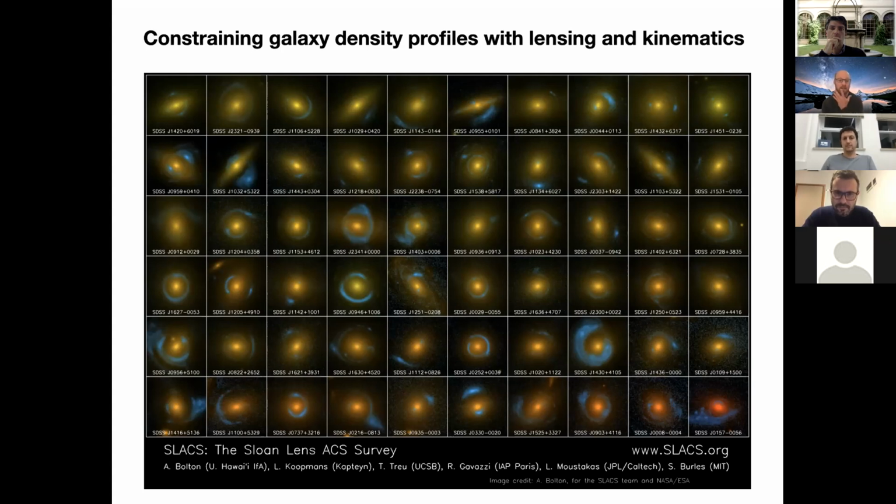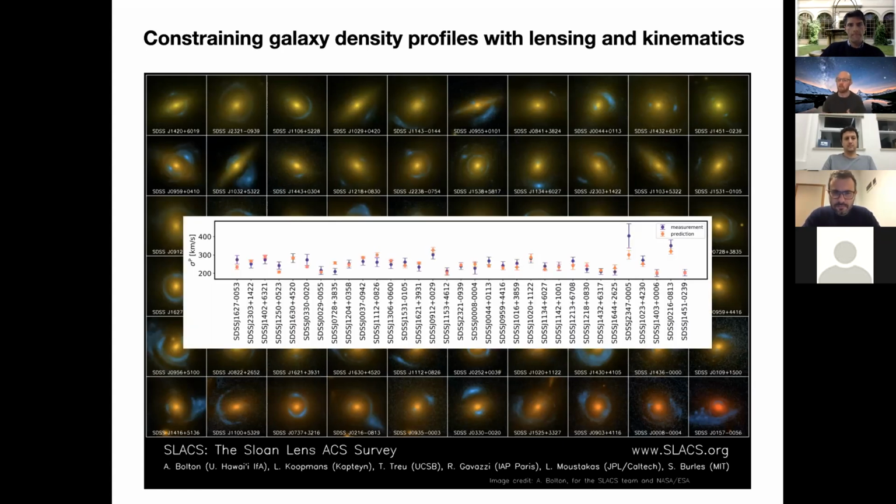But when we make the assumption that they're inherently following the same mass profile shapes on a population level, we can use this information by combining the Einstein radius and the detailed imaging modeling, effectively on the same level that we do for the time delay lenses and the kinematics, and we can add them to see whether we statistically prefer one or the other profile.